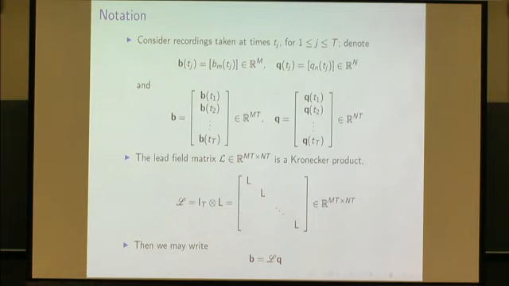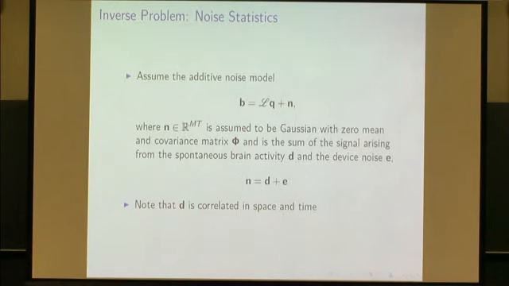And then we have to decide how to solve this. Here it is important to introduce some sort of prior information about what you believe the activity looks like. I'm assuming additive noise, but this noise is not only the device noise. There are lots of other things going on in the brain.